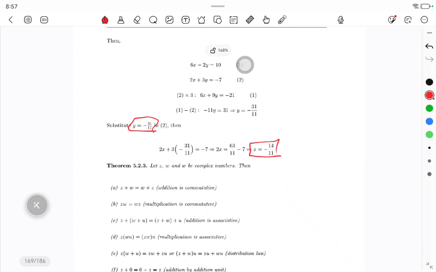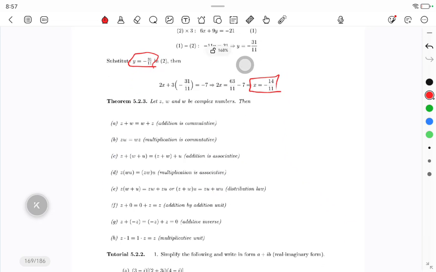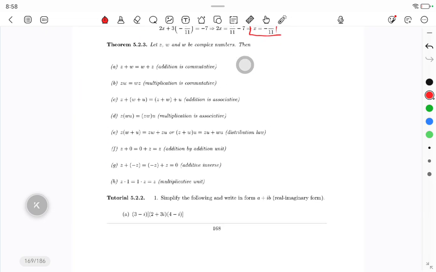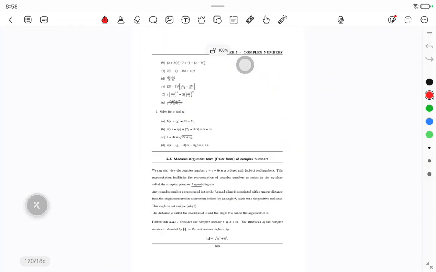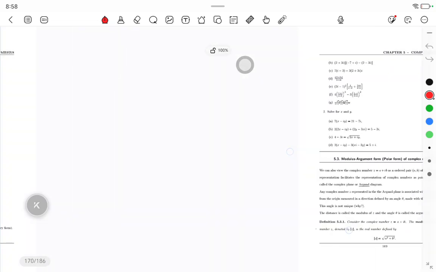This one I want us to do in contact. I want to see people when I'm doing it with them, right? So that you can participate. If you miss this part, you'll have a problem the entire topic, because this will be used everywhere until the last topic in complex numbers, right?